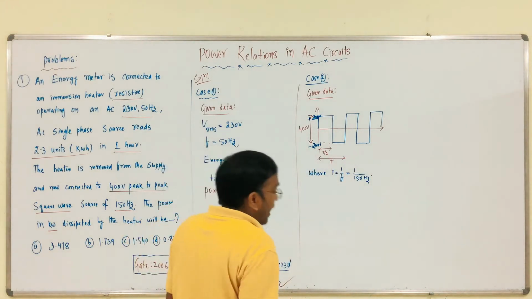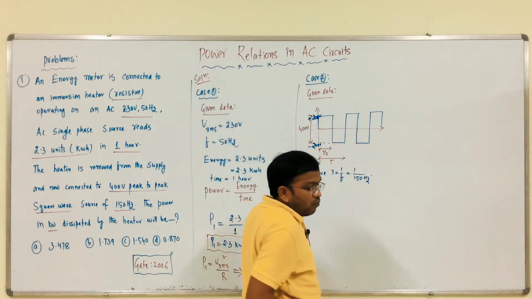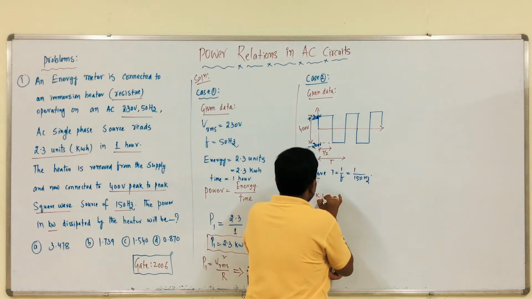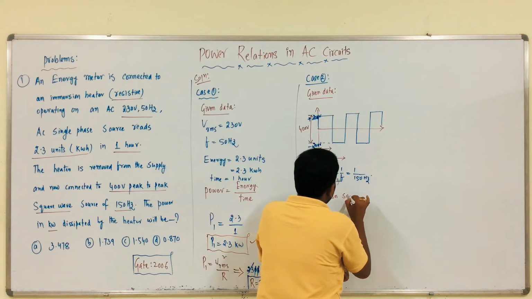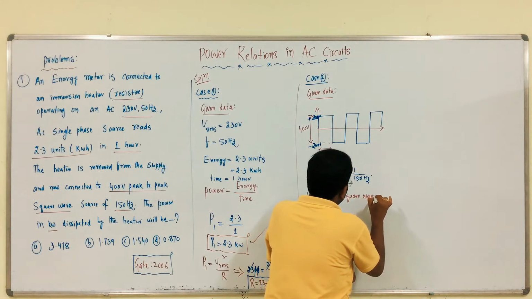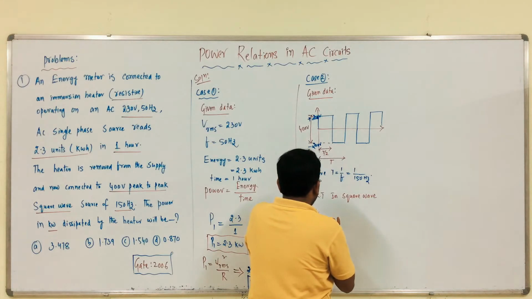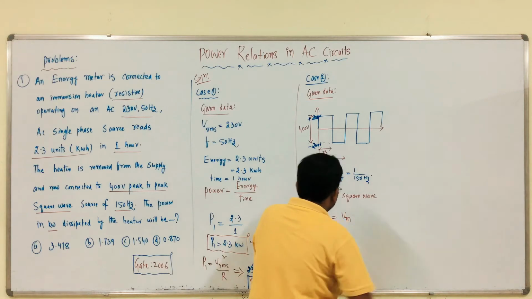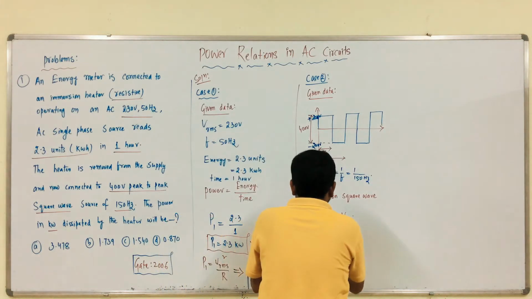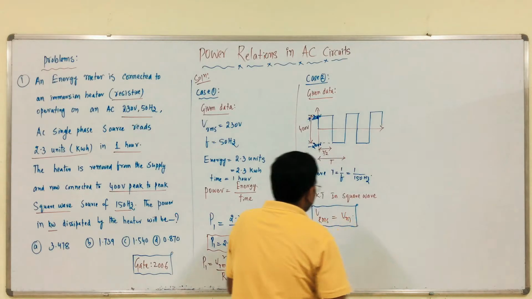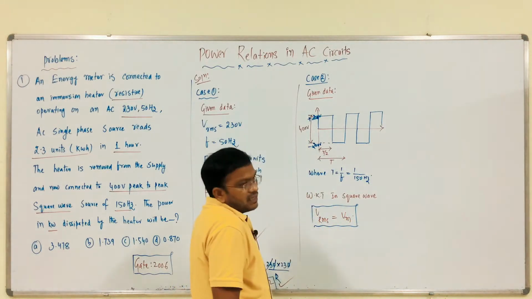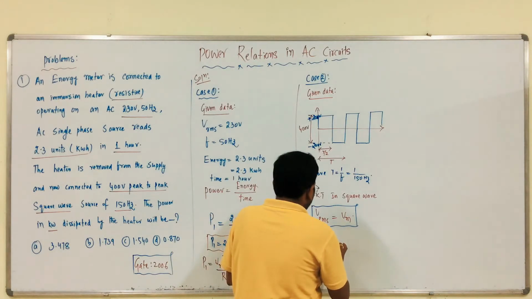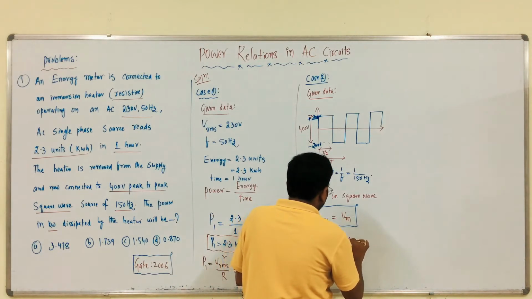We all know that in the case of a square wave, what is the RMS voltage? In a square wave, Vrms is equal to Vm only, right? If you have any doubt, derive that Vrms. We have already done this. Therefore, Vrms equals 200 volts, which is equal to Vm.